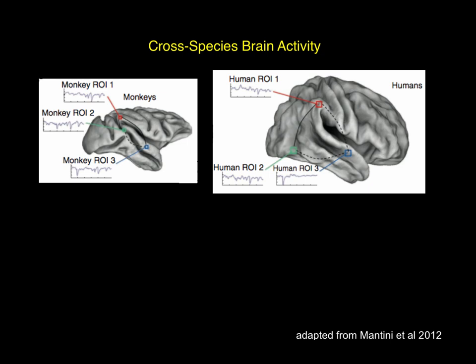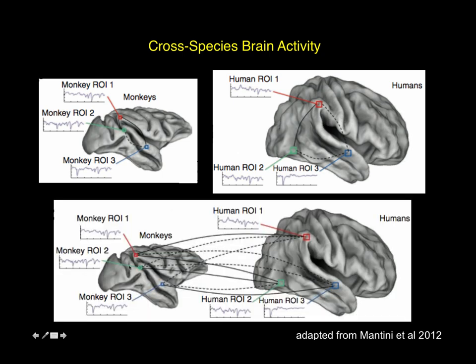But what they can do is take an ROI in humans and a set of ROIs in the monkeys and look at the responses both within the same species and across species. So you can take the ROI here and try to map it to the responses in the other species. And you do this on an ROI or voxel by voxel basis.